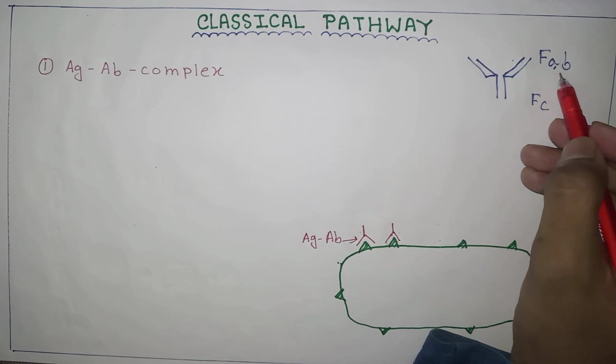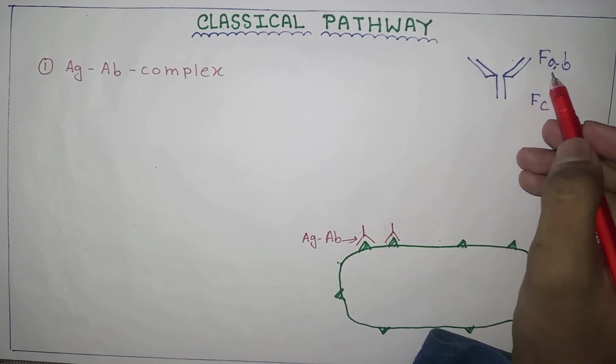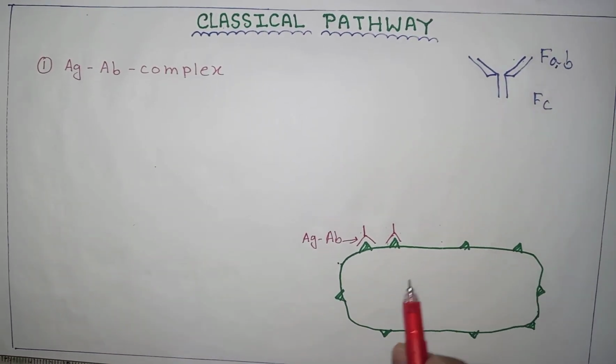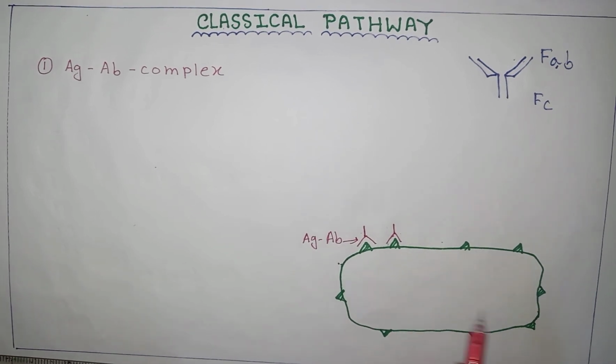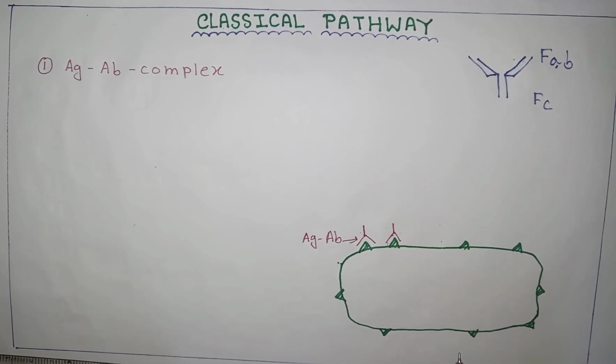That means the paratopes of the antibody attach with the epitopes of the bacterial cell wall. This will initiate the opsonization reaction, meaning the antibody will cover the cell surface of the bacteria.